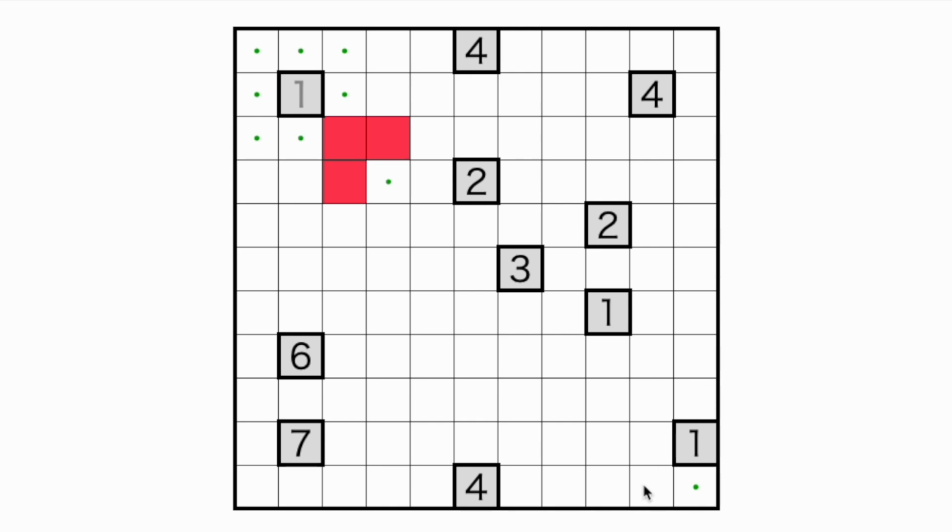This and this can't be because, again, we'd have to have a corner, which would mean 2 cells touching that 1, and now this one can't, and so this has to be the road right there. And I see that has now satisfied this 1 clue right here, so none of these can be shaded, and we know that the road is going to have to go up that way.